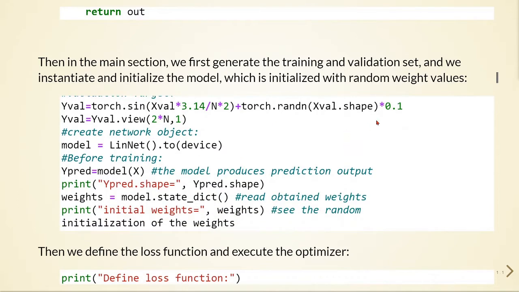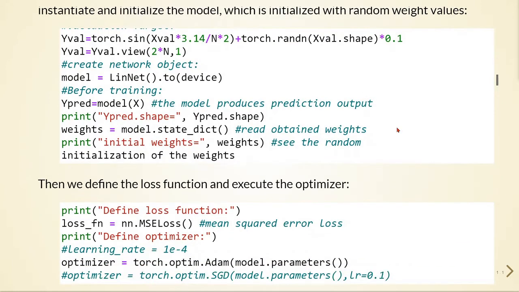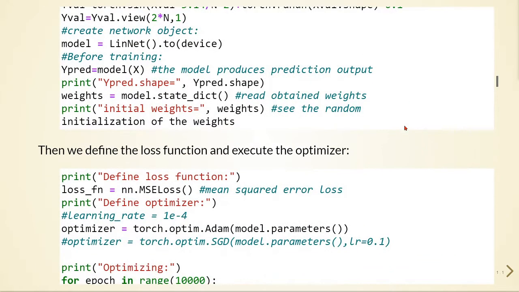So before training, we can take a look at the weights. These are the weights in the initialization of the model, so it's before training. And then we can also take a look at the prediction before training.